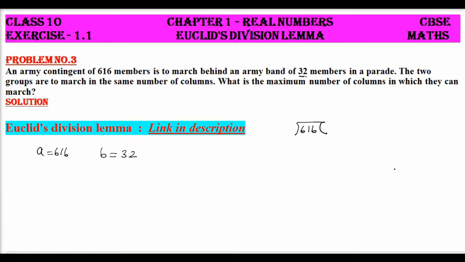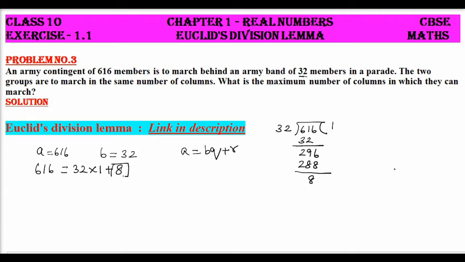So 616, let me divide it by 32, so that I get quotient 19 and remainder 8. So I can express it using Euclid's division lemma as A equals BQ plus R. So 616 can be represented as 32 into quotient plus remainder R. And here the remainder is not equal to 0.